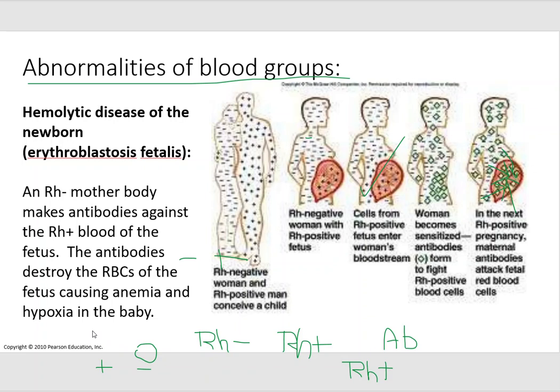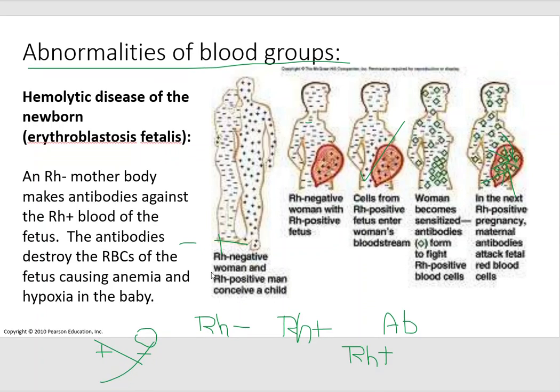How are you going to make an antibody against something that doesn't exist? It doesn't work that way. It has to be an Rh negative female and an Rh positive male. What if they're both Rh negative? It's not going to happen. The first baby gets a free ride because he's delivered before mom is exposed. But it's the next few babies that are going to be the problem.